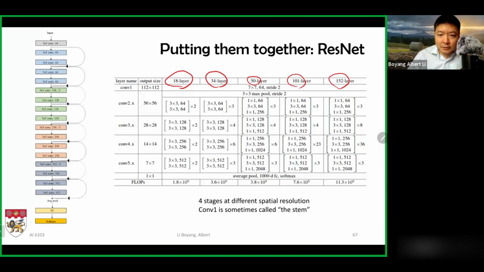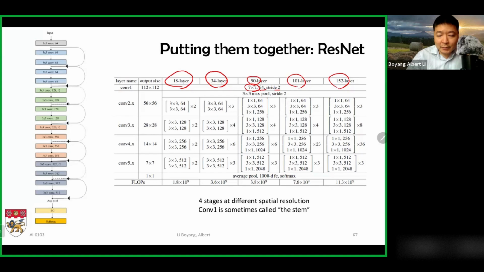So we'll first look at the 18 and 34 layer variations. So the first stem convolution has a 7x7 kernel, okay? And it has stride 2, and it changes the number of channels to 64 from the input 3 channels.